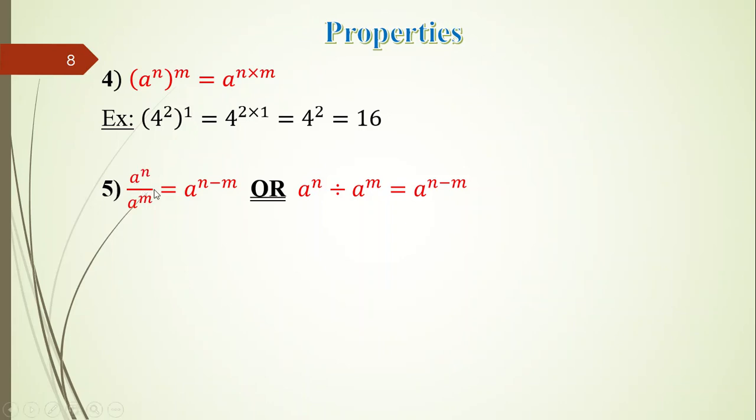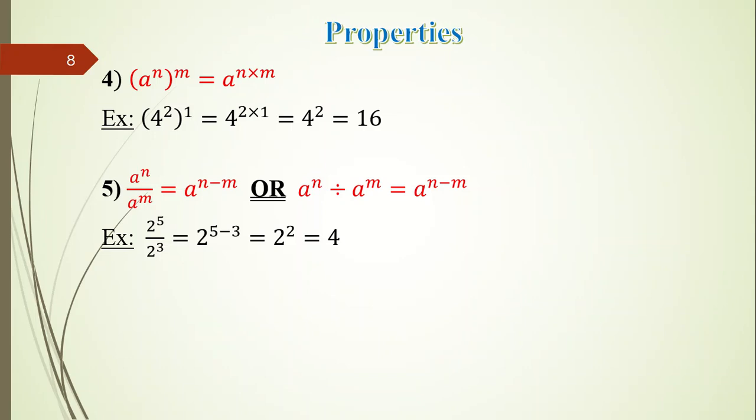Instead of this symbol, we can use this symbol also, okay? So when we have divide and we have the same base, we have to subtract the powers. And we have to pay attention that we always write the result in the place where the power is greater.